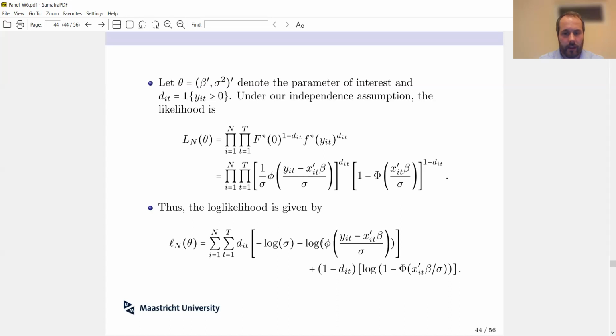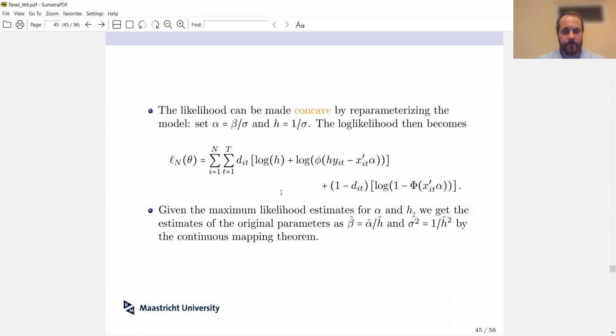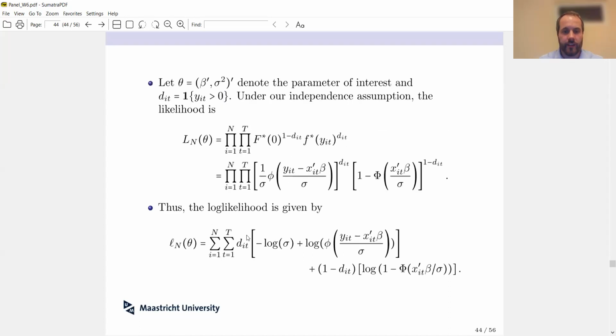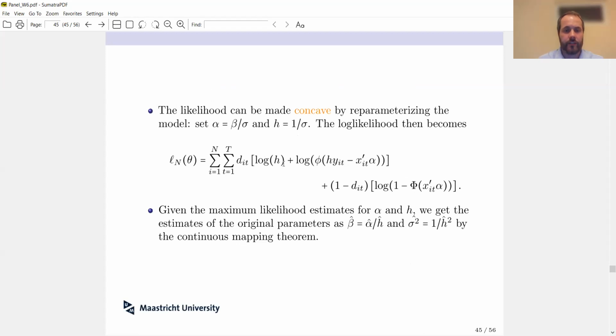And simply by plugging in these values, you will see that this likelihood is now concave. And as we've seen in the beginning of the lecture, concave likelihoods are nice because if we maximize a concave likelihood, we will always end up with the global maximizer and not only with a local maximizer.